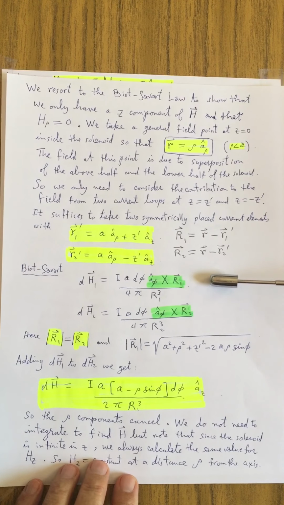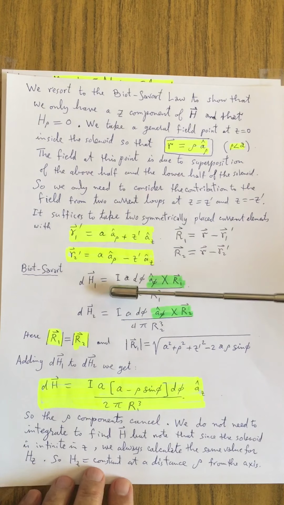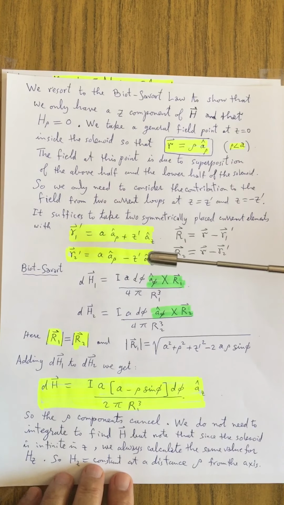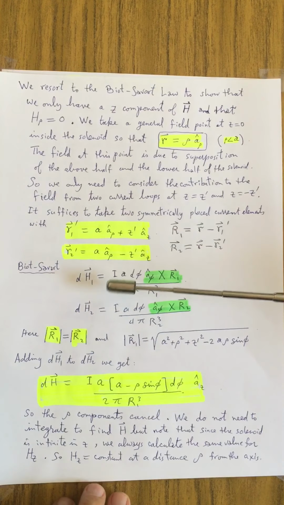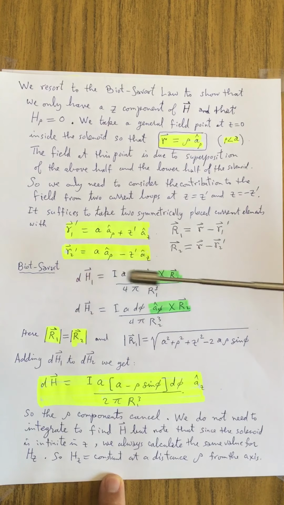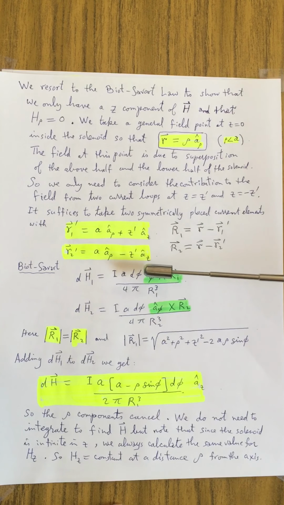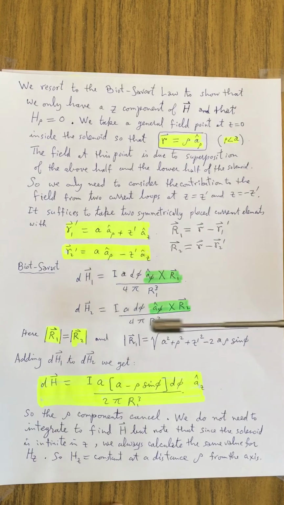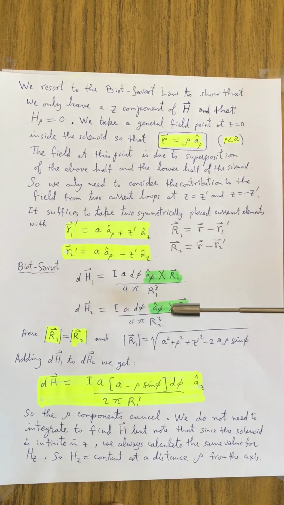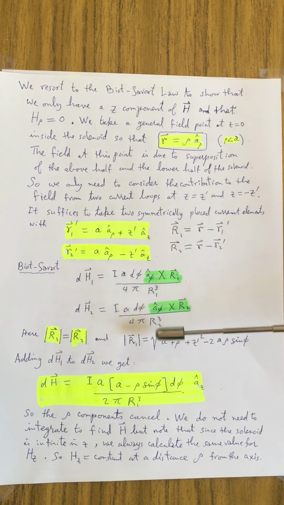So if we substitute in the Biot-Savart law, we have the contributions from the two elements. dH1 is I dL, which is I a dφ, times aφ cross (r minus r1 prime), and dH2 is I a dφ aφ cross (r minus r2 prime), both divided by 4π R cubed, which is the same distance.